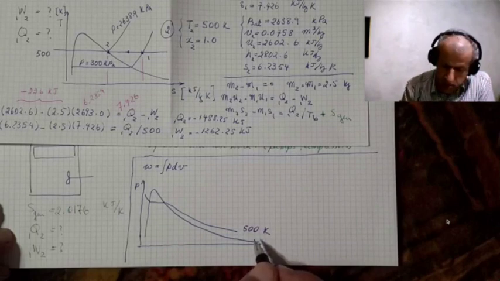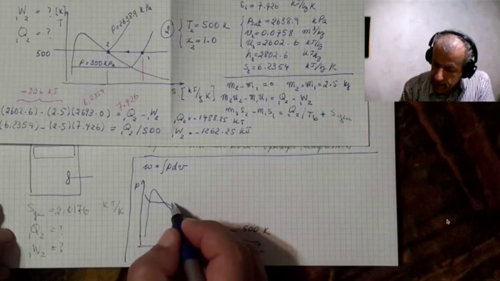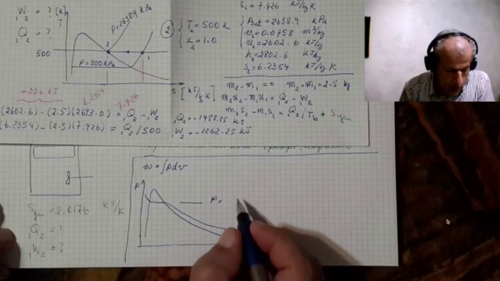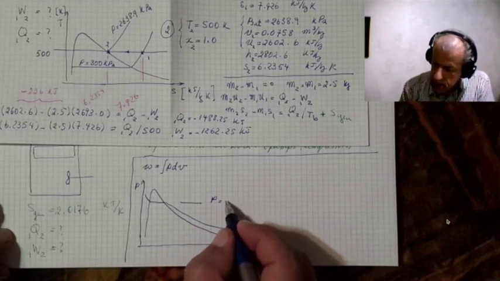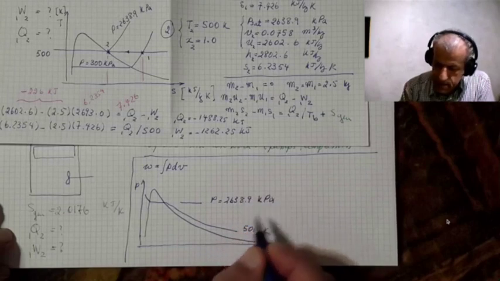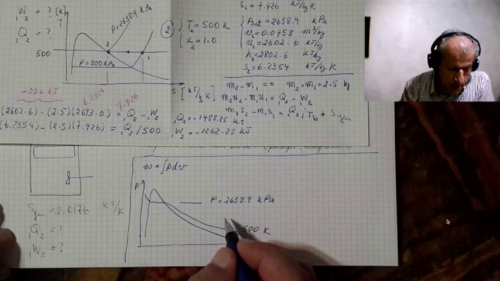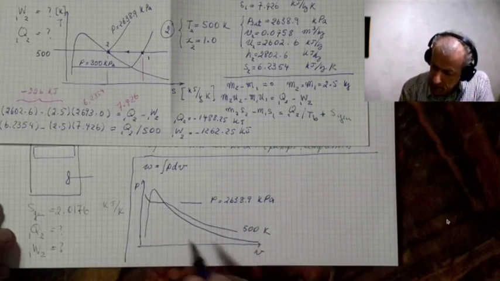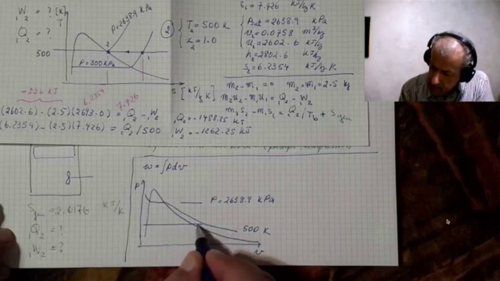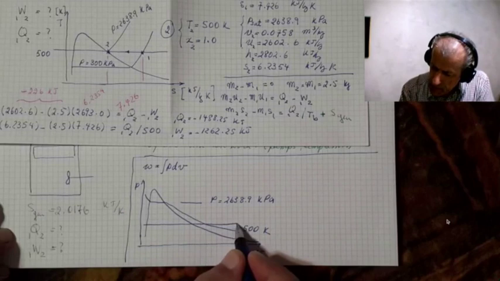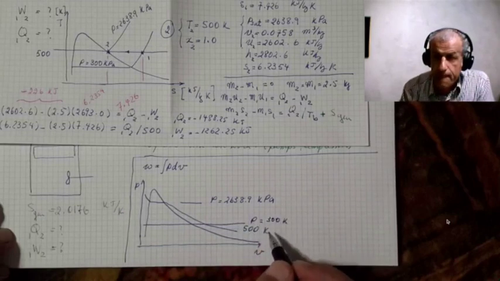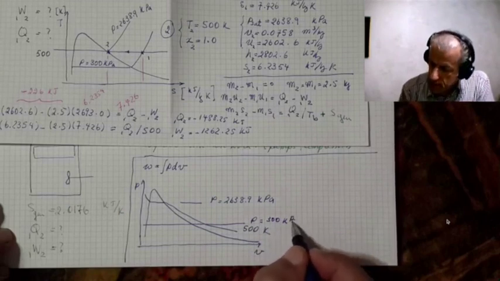and the pressure on this line, P equals 2638.9 kilopascals. And there's another pressure for this problem, which is this line, say, this pressure line P equals 300 kilopascals.